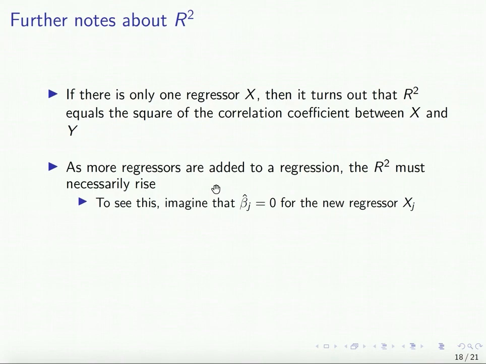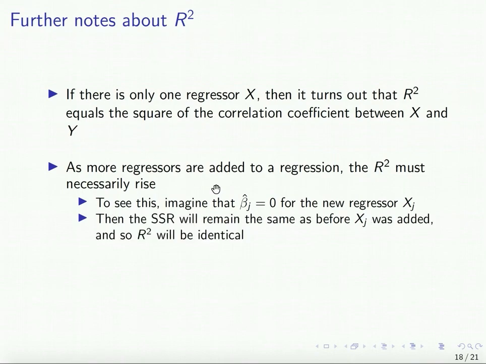Well, this is not changing the predictive power of other betas. So say you had other betas that were significantly different from zero, that were contributing to predicting an accurate y hat, then the sum of squared residuals will remain the same as before. So it doesn't change anything if you're bringing in an xj which is just contributing zero in your model.